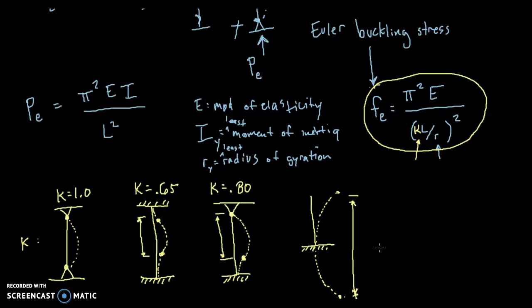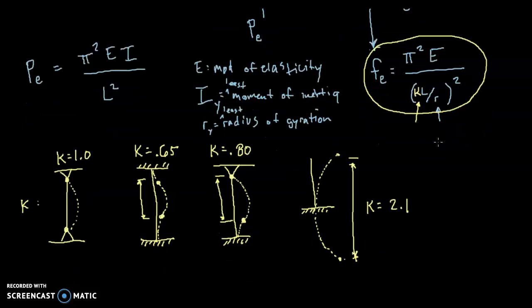And so for this, the K value is actually greater than 1. The recommended value for design purposes, in this case, is 2.1. In theory, it should be 2.0, but for design or analysis purposes, we want to use 2.1.